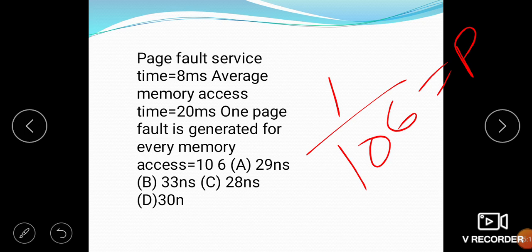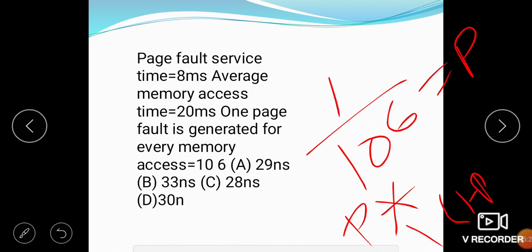Now the formula is P into page fault service time plus (1 minus P) into memory access time. Here it is given in millisecond and nanosecond, so it is a misprint.